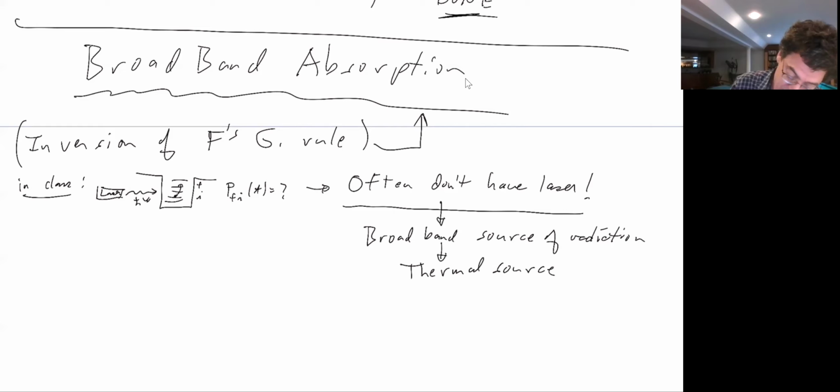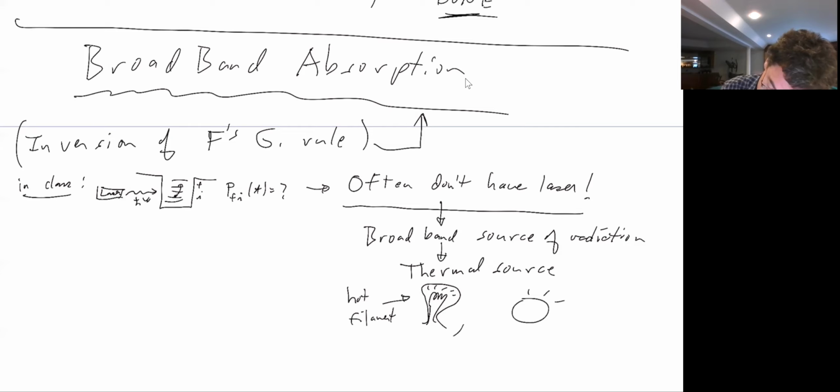It's a thermal source, you know, and a thermal source is like a light bulb, right? I have a hot filament giving off light. That's a light bulb, or the way light bulbs used to be. Or I have a star, a burning globe of hydrogen out somewhere in the far reaches of the universe.